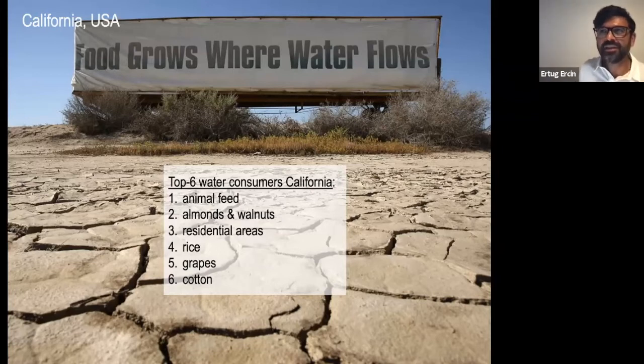In the Netherlands, maybe 1% of the water use is related to residential areas, and the rest is agriculture. But here you can see it is more than rice, grapes, and cotton, showing how much water people living in California use for their residential areas.